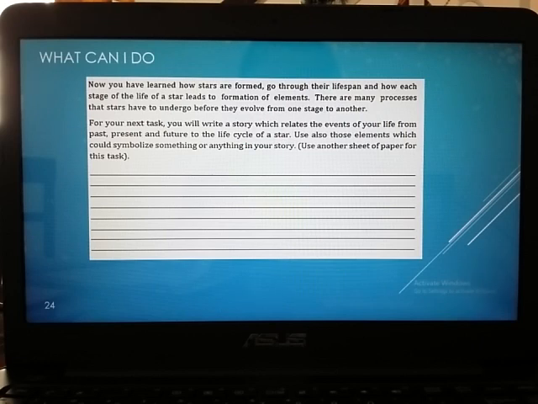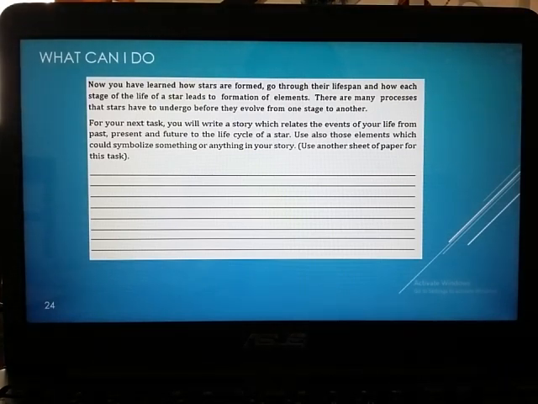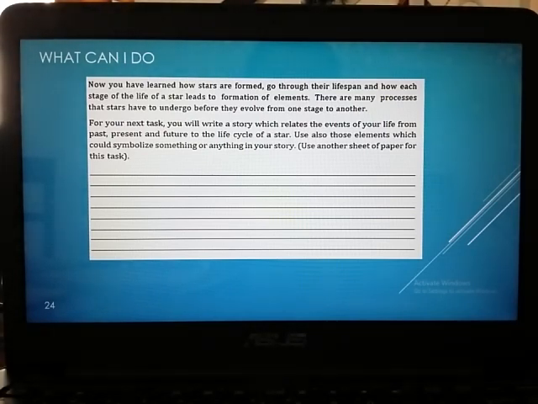Parang ihambing nyo to the life of a star. You also use those elements which can symbolize something or anything in your story. So alam nang gagawin? You will write your story, life story, and you can ihambing nyo with the events that happened in the life cycle of the star.